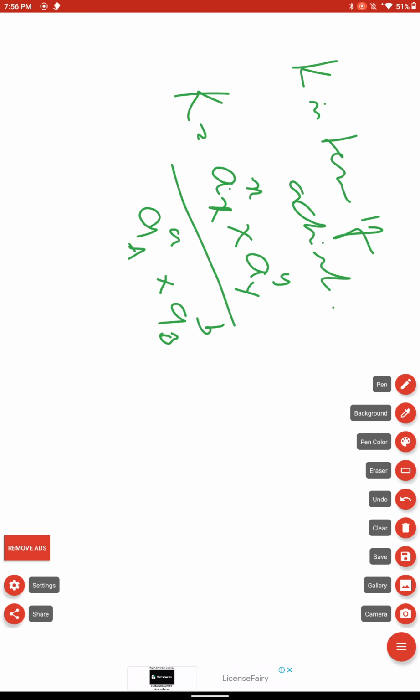That is the thermodynamic equilibrium constant K.